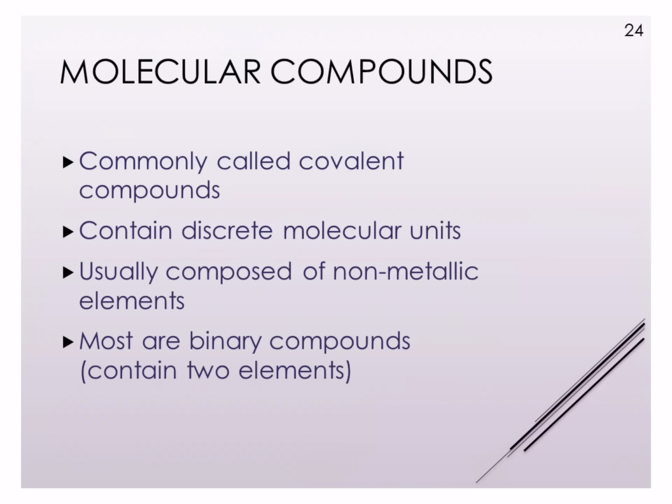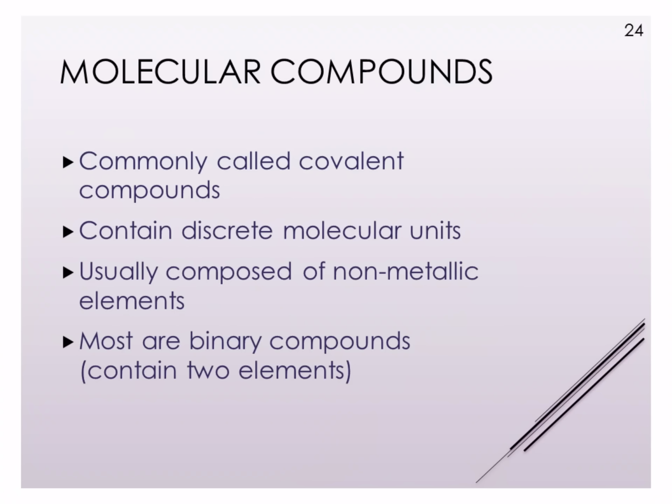We call these molecular or covalent compounds because they have covalent bonds. They tend to exist as discrete molecules, so we have individual molecules of these compounds, not like we see with ionic compounds where we have these continuous arrays of ions. Molecular compounds are usually composed of only non-metallic elements, those elements on the right side of the periodic table, and most of them are binary compounds.